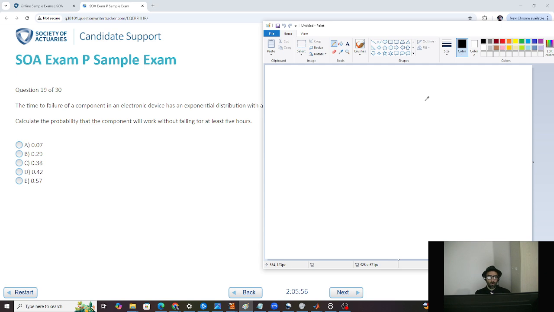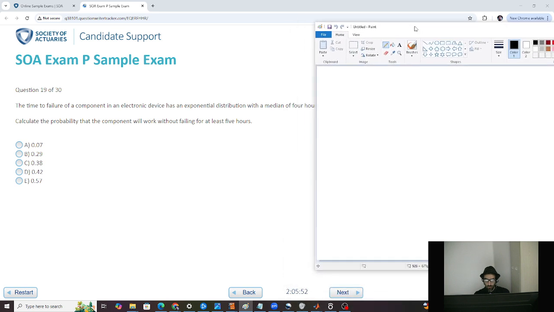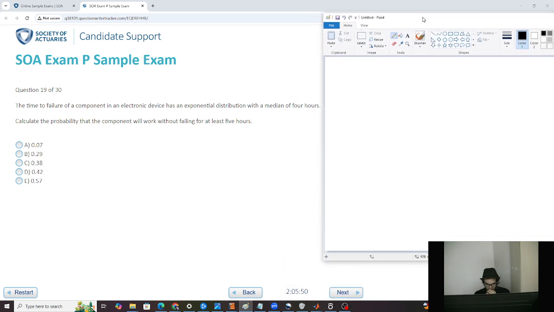The time to failure of a component in an electronic device has an exponential distribution with a median of 4 hours. 69 rule again. Calculate the probability that the component will work without failing for at least 5 hours. Well, we know it's got to be less than half, right? Exponential distribution.